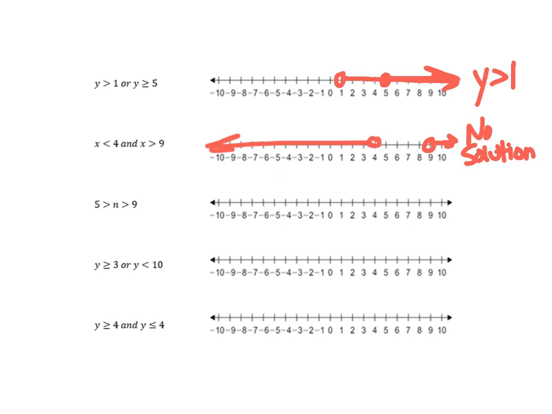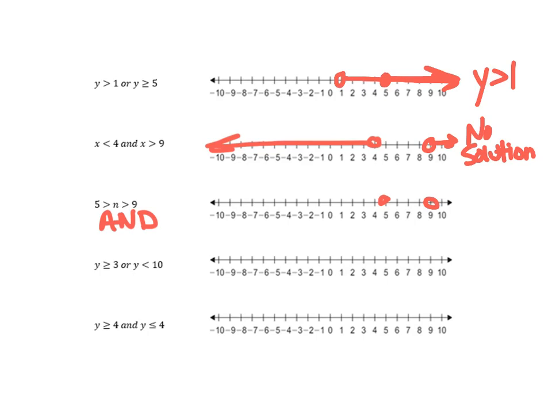Next one. 5 is greater than n and n is greater than 9. Because it's built like this, it must be an and. I have to treat it like an and, which means I want to know what they have in common. Most people would have the temptation to just shade in between, but those signs are not the way I normally see them for an and.